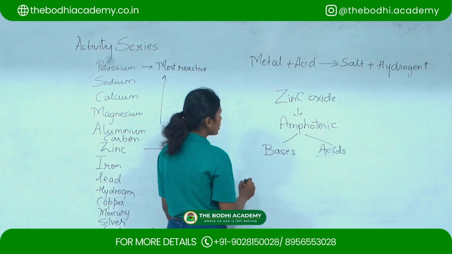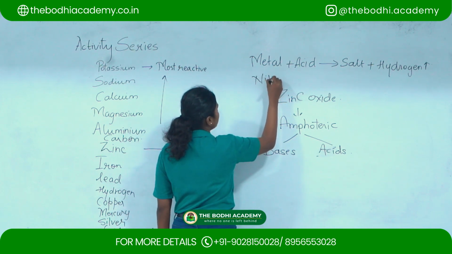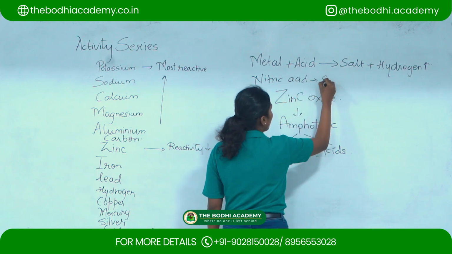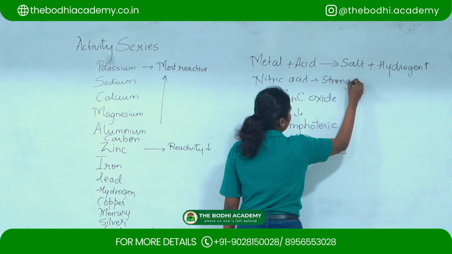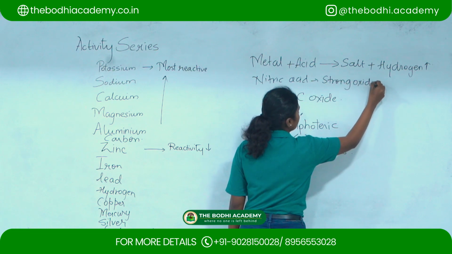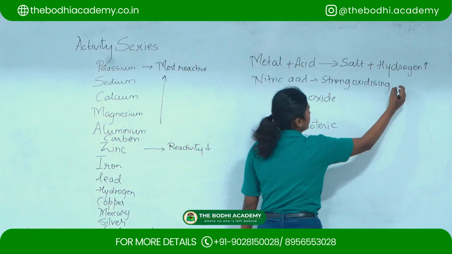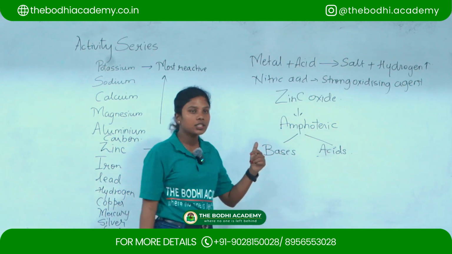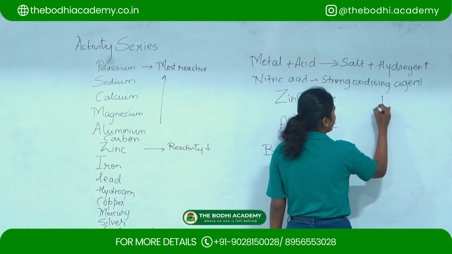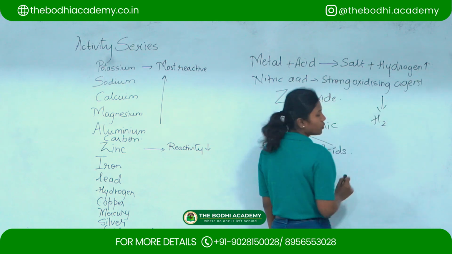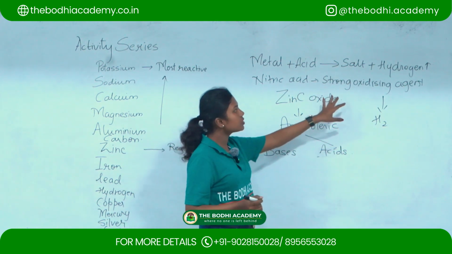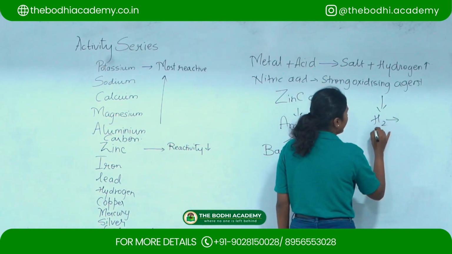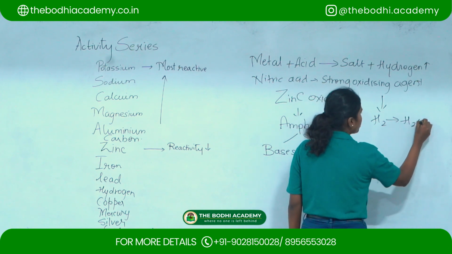One of the major reasons is that nitric acid is a strong oxidizing agent. Being a strong oxidizing agent, the hydrogen which is being produced, so somewhere H2 will be produced, it will oxidize this to H2O.